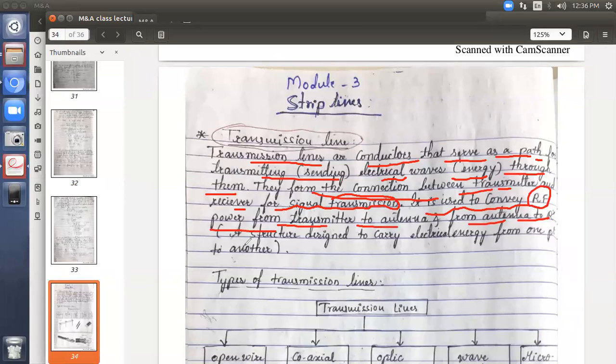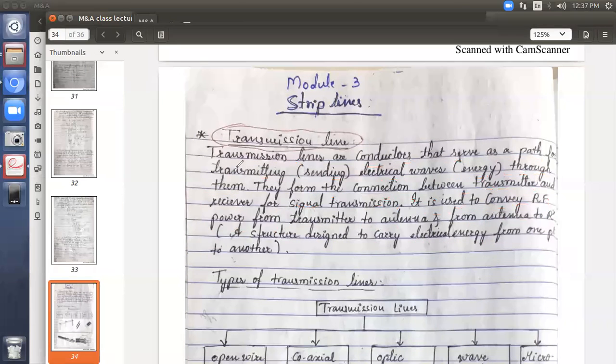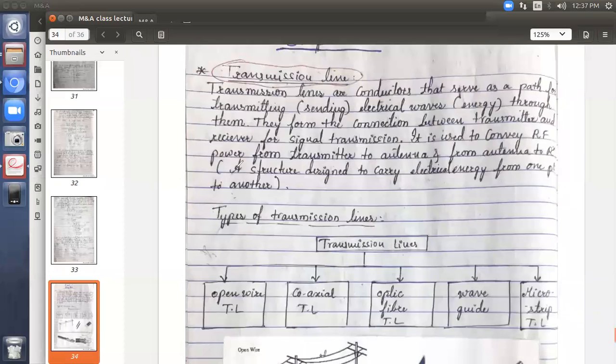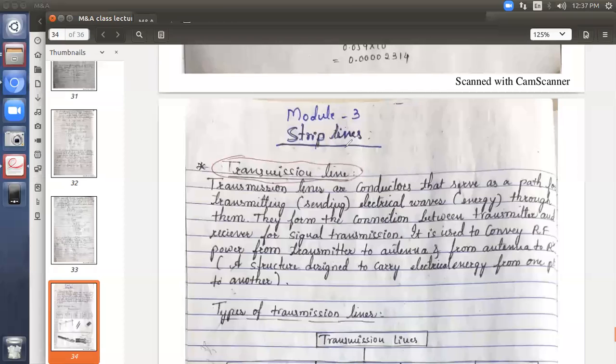So generally, a transmission line is a structure designed to carry energy from one point to another point. We will see the broader classification of transmission lines, how they are classified, because we should now see where strip lines fall.